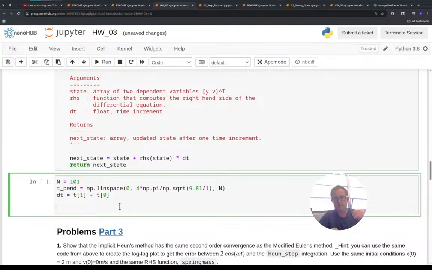And now I can initialize my state, my pendulum state, and then solve for the rest of them. So I'll call it pend is np dot zeros.